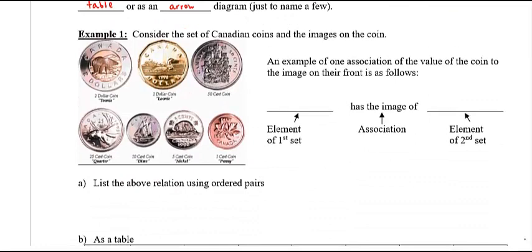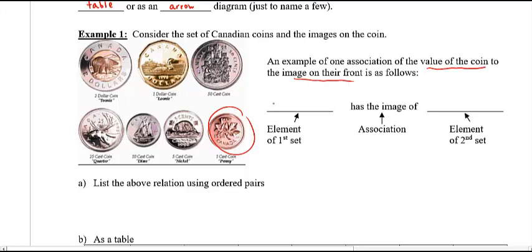So let's look at this example here. I've given you a set of Canadian coins, and the images on them. You might not actually see the penny anymore, but it was out there before. So as an example with this penny, I can say the element of the first set. Really what I'm saying is, how do we relate this? So, an example of an association of the value of the coin to the image on the front.